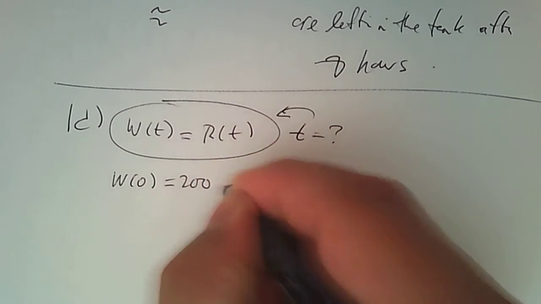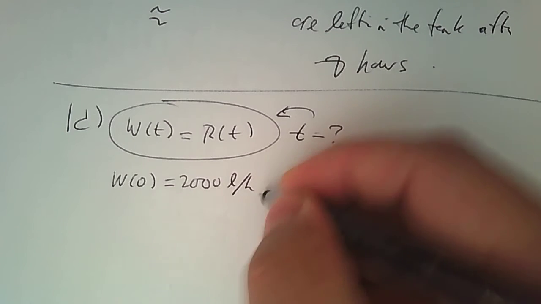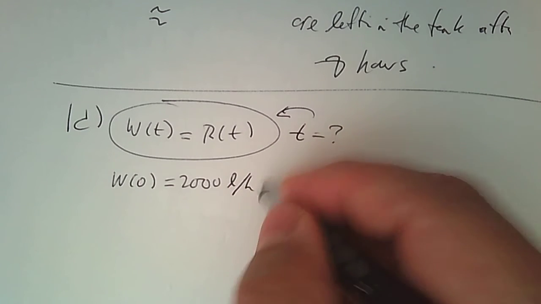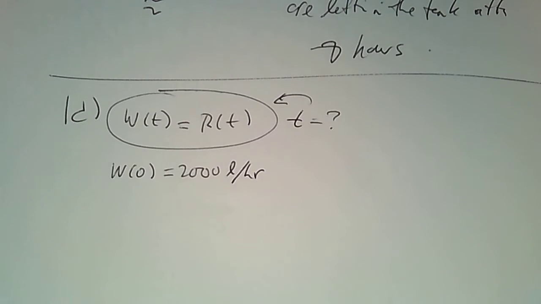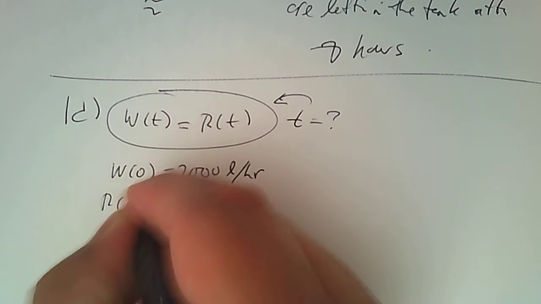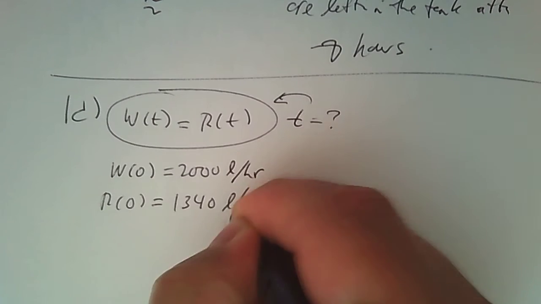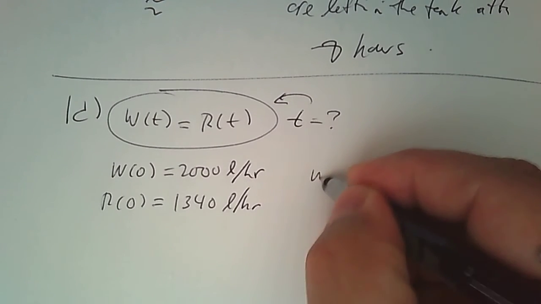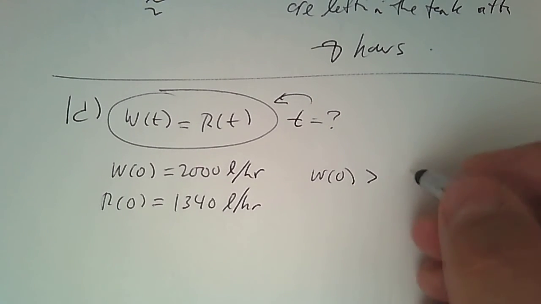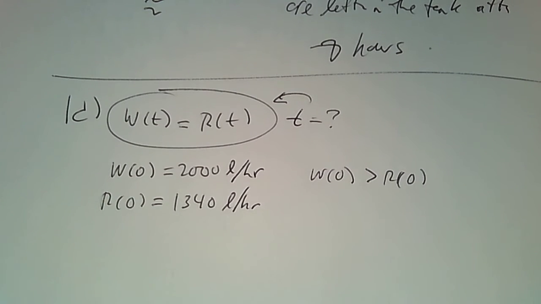So initially there's 2,000 liters per hour being pumped in. Then look at the table. You can see it's 1,340. So right now, at first, we know that the rate of the water going in is bigger than the rate of the water going out.